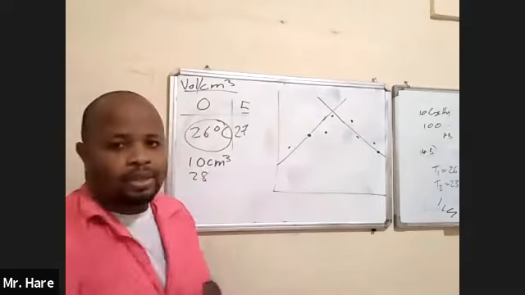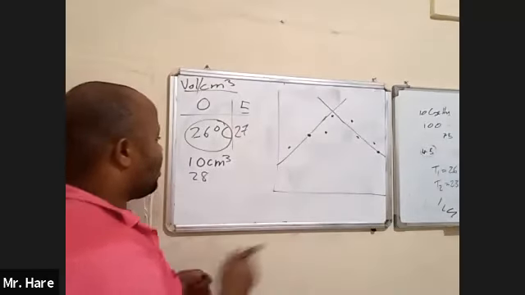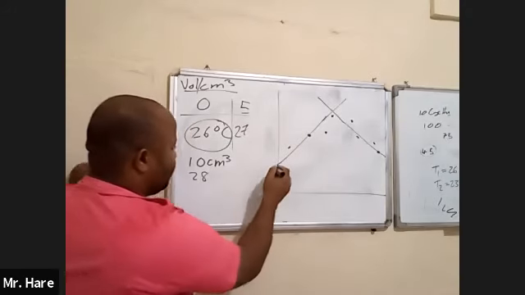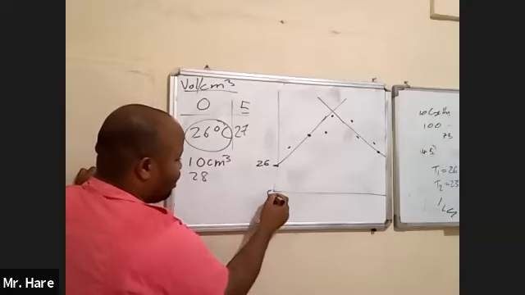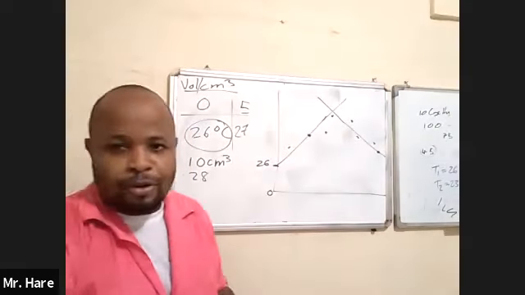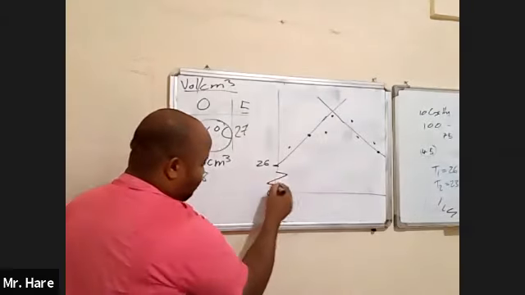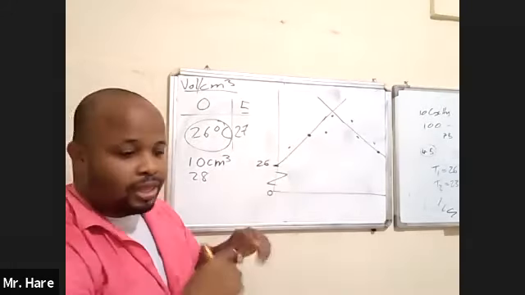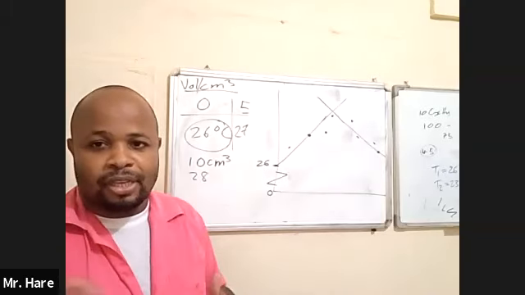Sir, what were you saying about breaking the graph? So because the temperature starts at 26, right? So let us say this is 26. You're not going to go 0, 5, 10, 15, 20. No. You're going to break the graph and start it at 26, so that the data points can make up 75% of the graph.